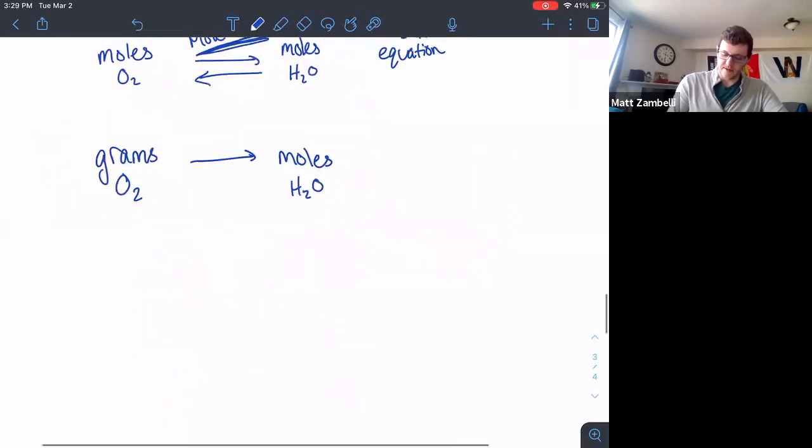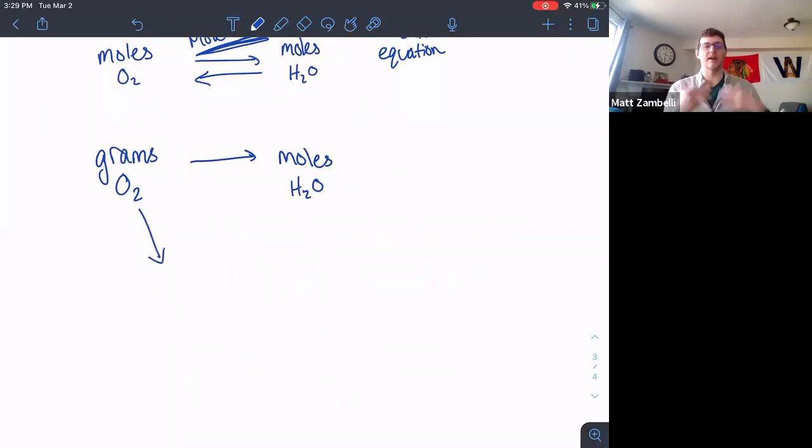Okay, so what would the first step be? If I were to then take my first step, I would go from grams of oxygen to what? What can I convert grams of oxygen to? Moles, perfect. And so I can convert grams of oxygen to moles of what?